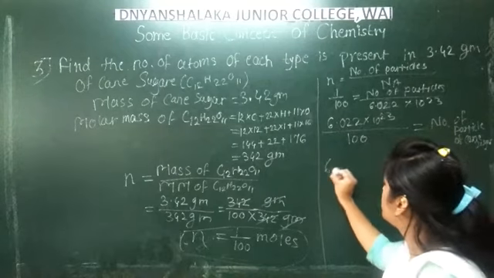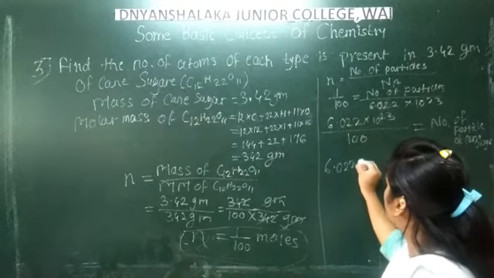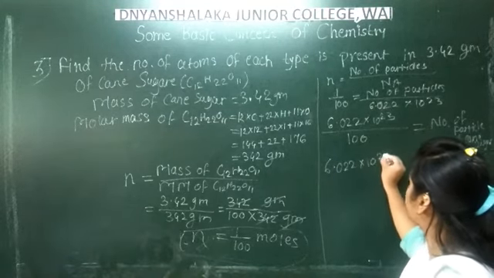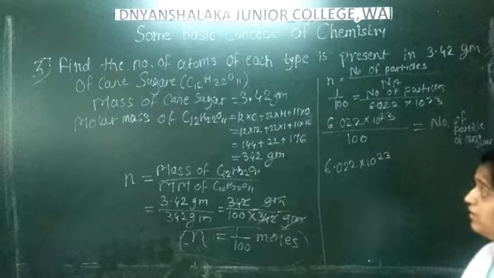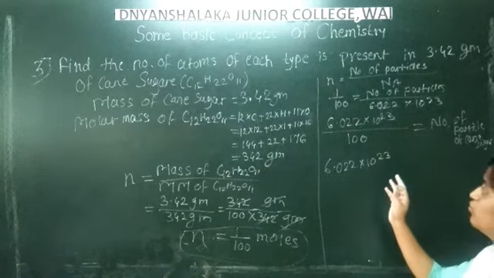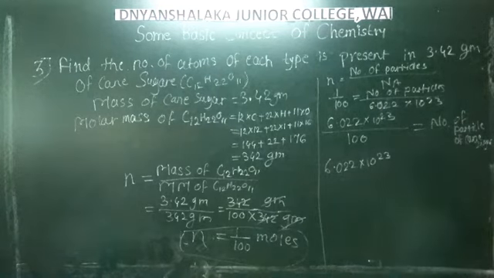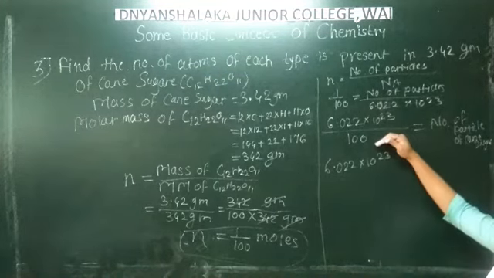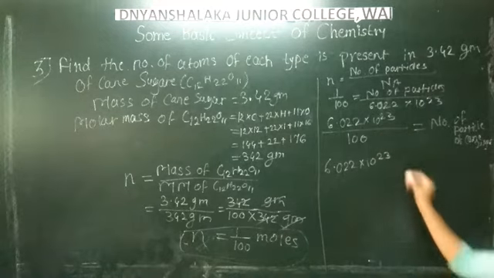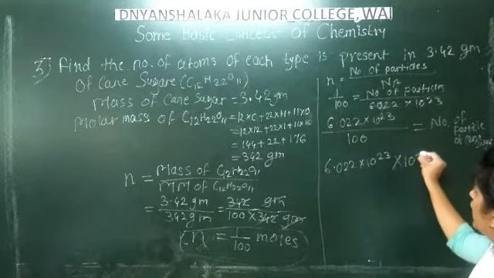So 6.022 into 10 raised to 23 upon 100. 100 means 10 raised to 2. So with 10 raised to 2 in the denominator, we get the numerator into 10 raised to minus 2.